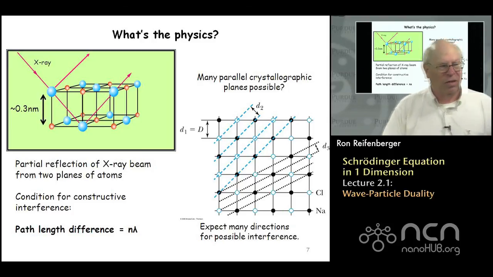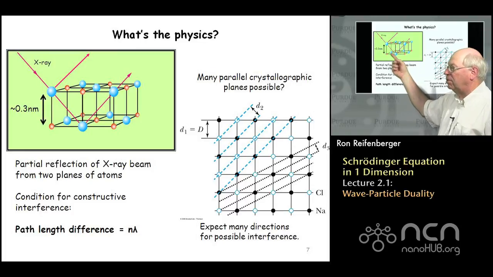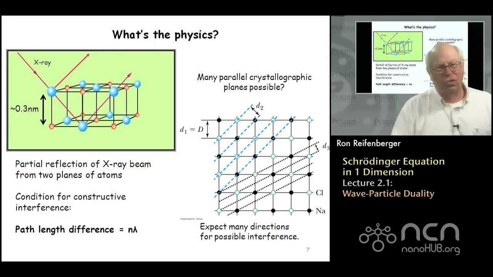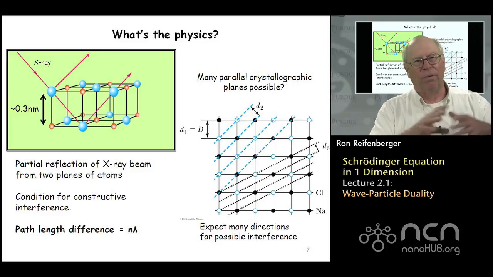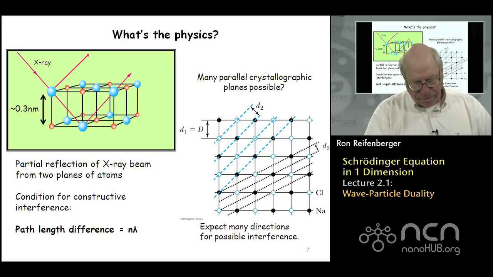If the path length difference between, let's say, the ray reflected from the top plane of atoms and the X-ray beam that's reflected from the bottom plane of the crystal is equal to an integer number of wavelengths, then you're going to get a constructive interference effect, and that constructive interference effect is going to show up as a bright spot on your detector or on your photographic film.